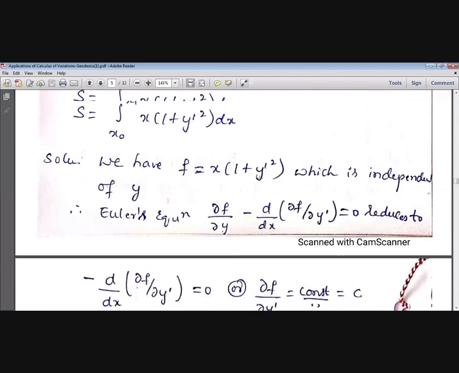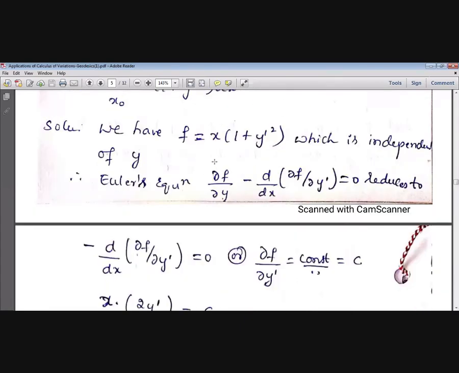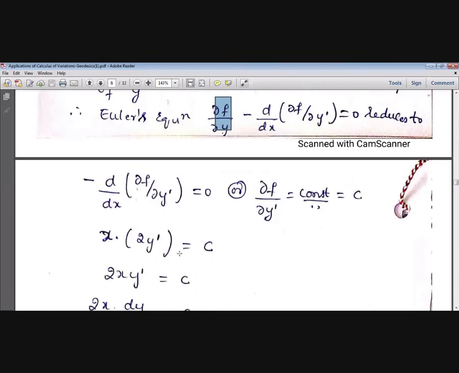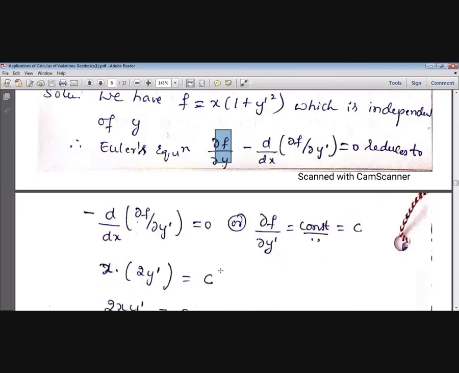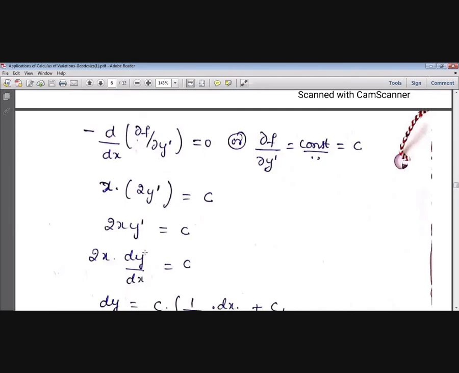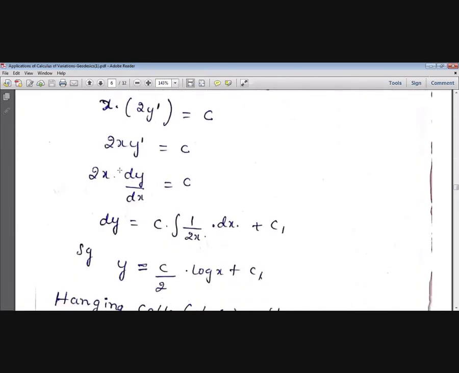Since we don't have y in this, this term will be 0. It will reduce to like this. Then integrate with respect to x, d by dx will get cancelled. After that, dou f by dou y dash is x into 2y dash, 2xy dash. Keep dy by dx on one side, all other terms on another side. Integrate, you will get this much.